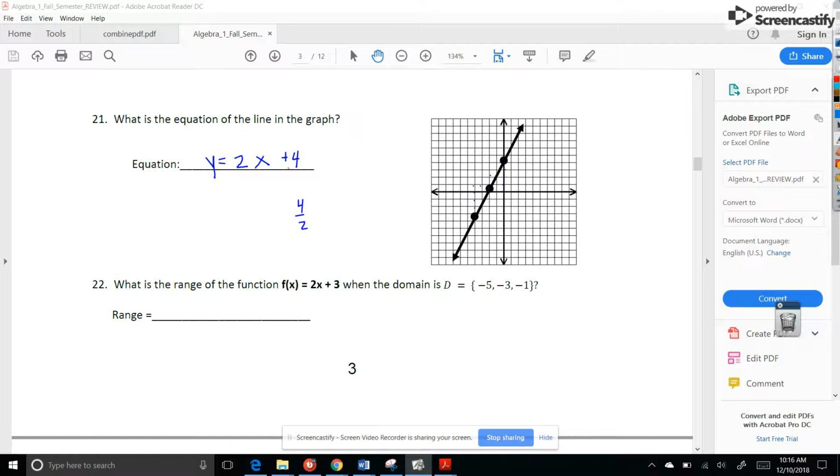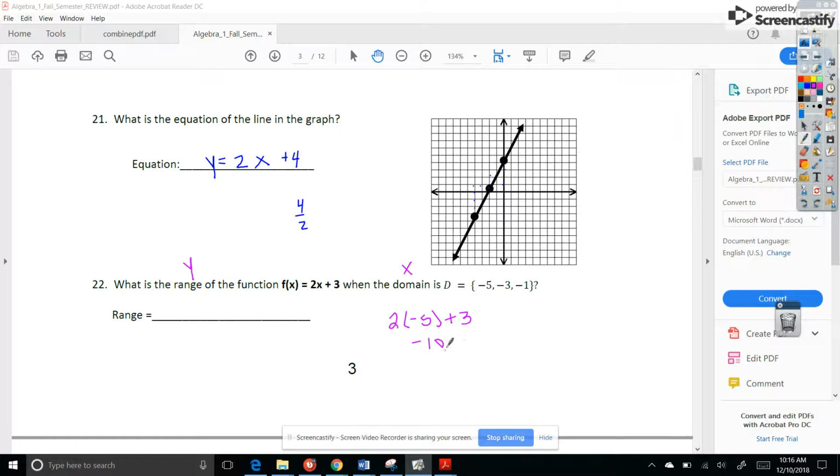Okay, what is the range of the function when the domain is these three numbers? So range is y, domain is x. So I'm going to plug in these numbers and find the y values. So what's 2 times -5 plus 3? It's -7.